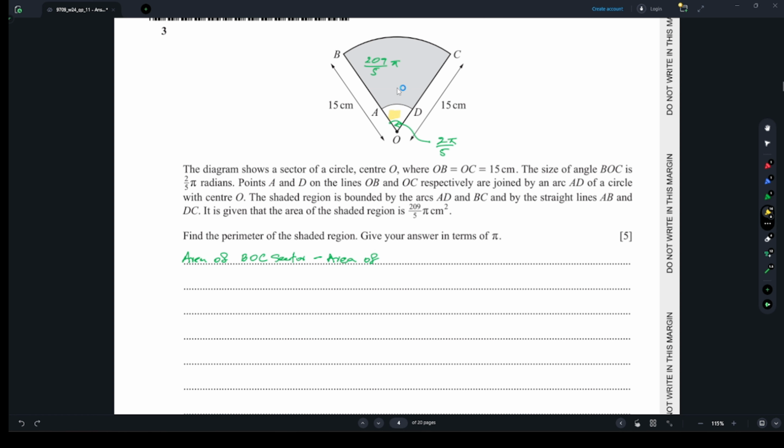So the area of the AOD sector subtracted from the BOC sector equals the shaded area.